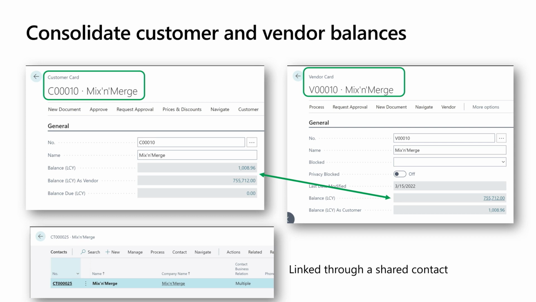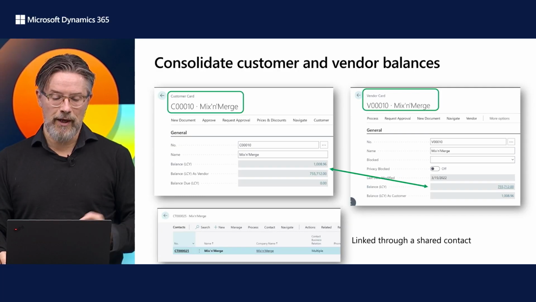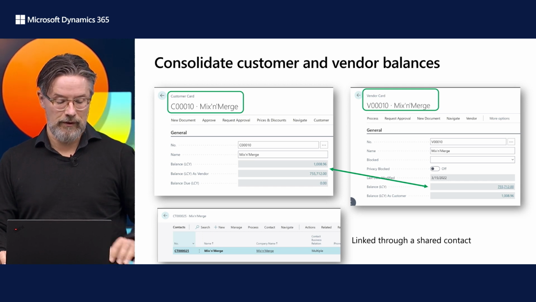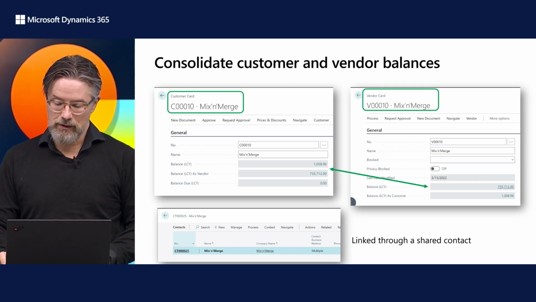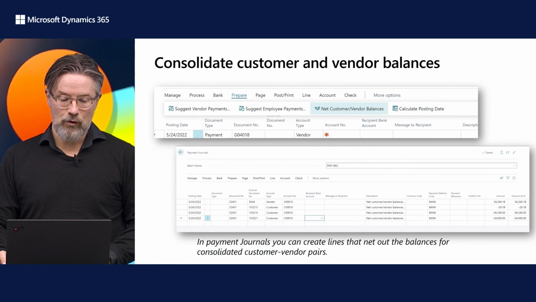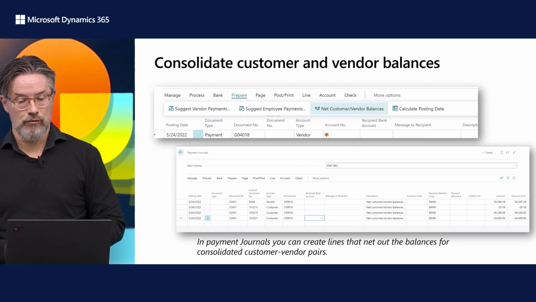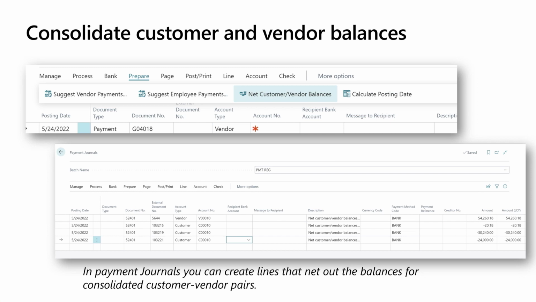Now that you have this overview, you sometimes want to make sure that you don't start paying bills if you have outstanding amounts. So what we also do is, in payment journals, there's a function for you to net out the balances for vendors and customers that you have combined or consolidated.